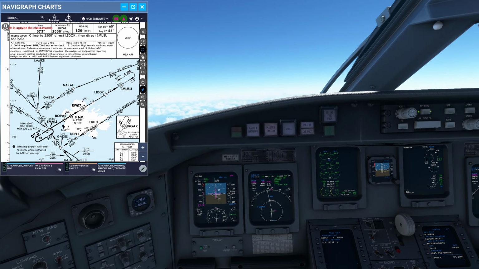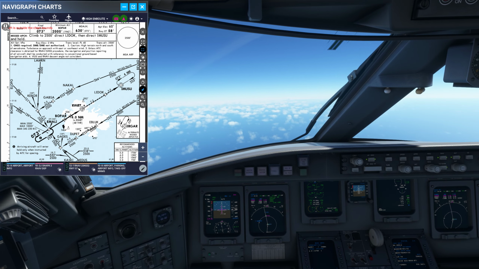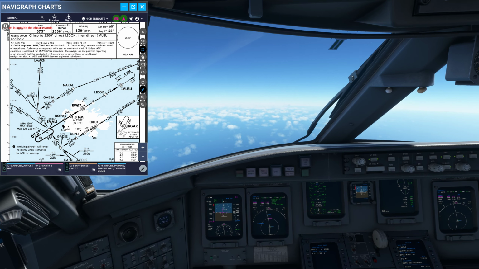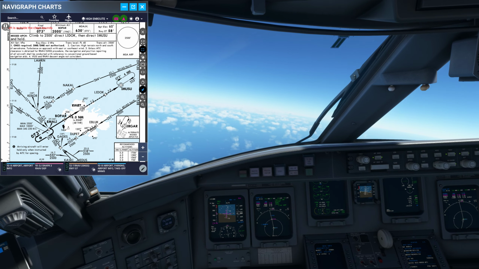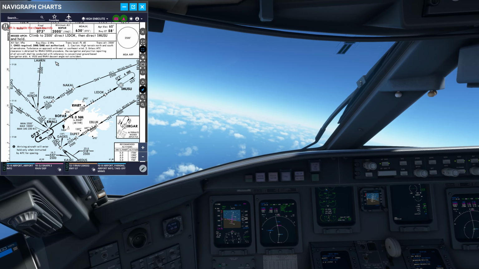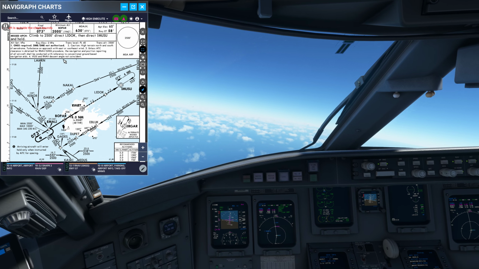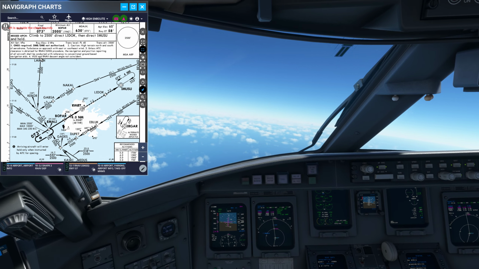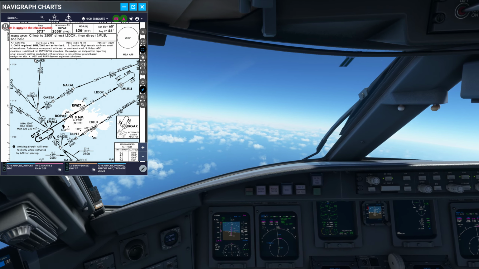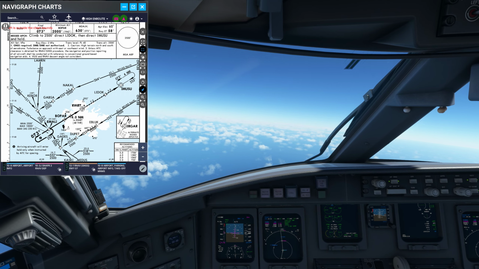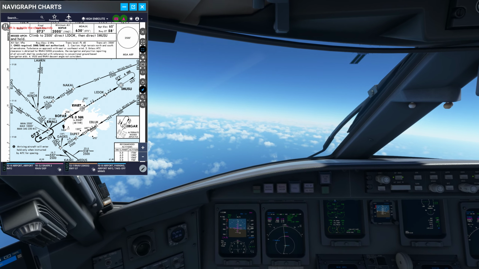All right, we are 5 nautical miles from the top of descent. And the one that's really important: VGSI and RNAV descent angle not coincident. VGSI, vertical glide slope indicator.